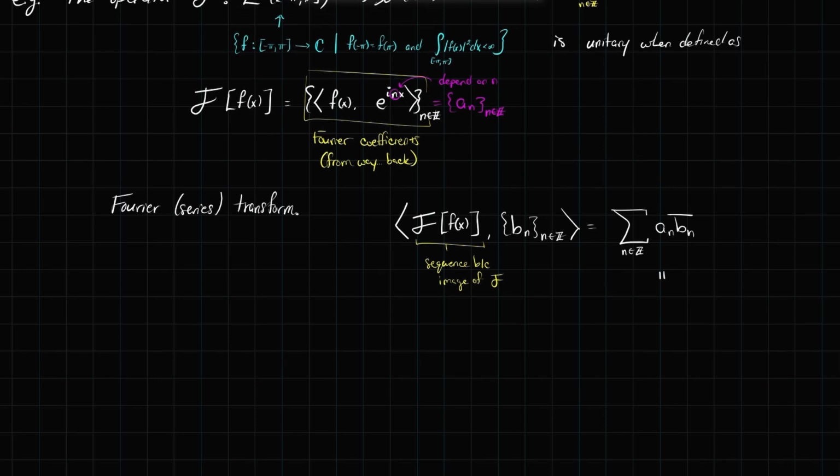It turns out that this is going to be equal to the integral of f of x against the conjugate of g of x dx over my interval from minus pi to pi. Technically this needs to be normalized, 1 over 2 pi. Here f of x is against a function, and what is that function g? It's b sub n e to the i n x. That's the Fourier series reconstruction from our Fourier series video of the sequence b sub n.